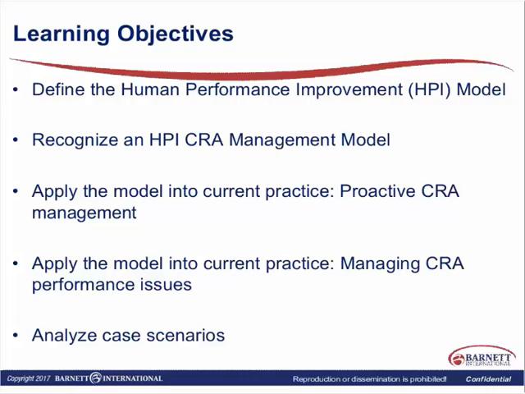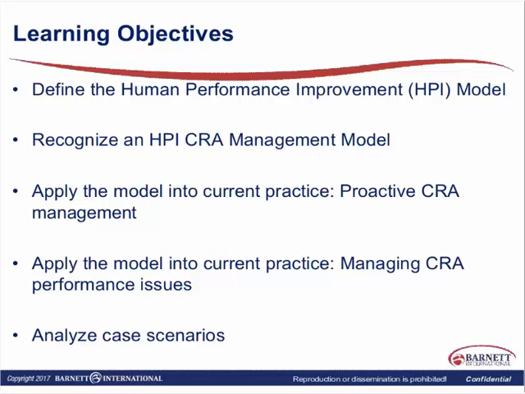So we're going to talk about several different things. And our objectives today are to define the Human Performance Improvement, or HPI model, to recognize and really talk about a human performance improvement CRA management model. So the model itself is not necessarily specific to one industry or another, but we're going to really focus it in on what it looks like to manage CRAs in that space.